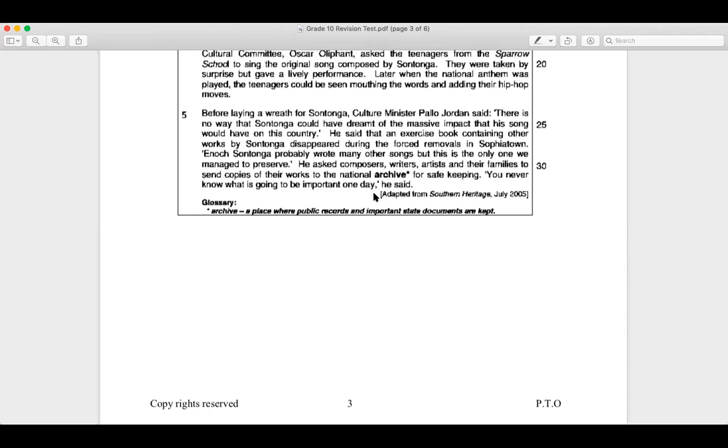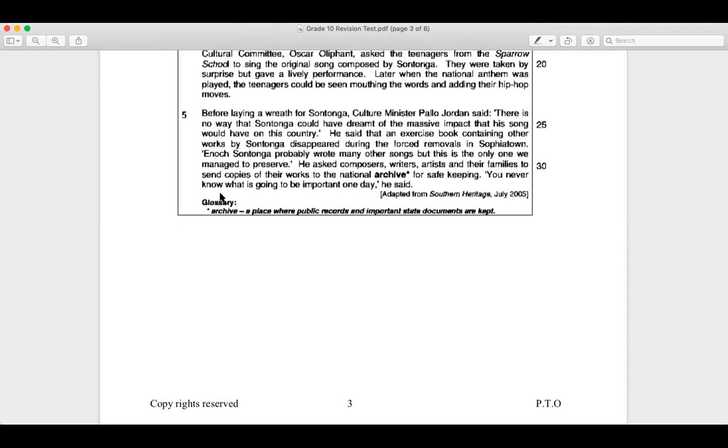He said that an exercise book containing other works by Sontonga disappeared during the forced removals in Sophiatown. Enoch Sontonga probably wrote many other songs, but this is the only one we managed to preserve. He asked composers, writers, artists, and their families to send copies of their works to the National Archive.